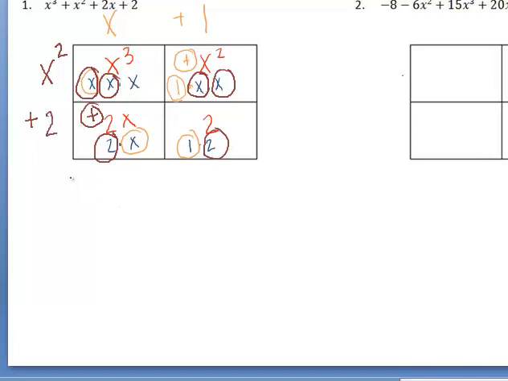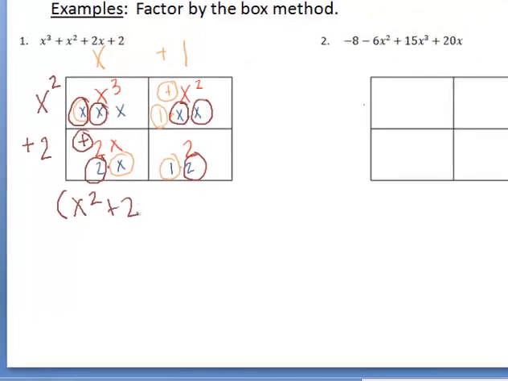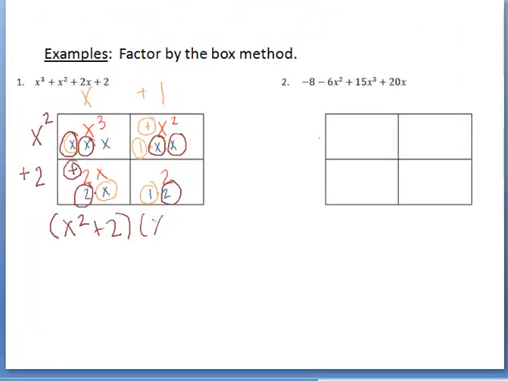Alright, so the numbers that end up on the outside of the box, those are your factors. And so we're going to write those down. X squared plus 2 times x plus 1. Okay, and I want to point out that, remember when we were multiplying, the two things that we were multiplying went on the outside of the box, and then we multiplied in.